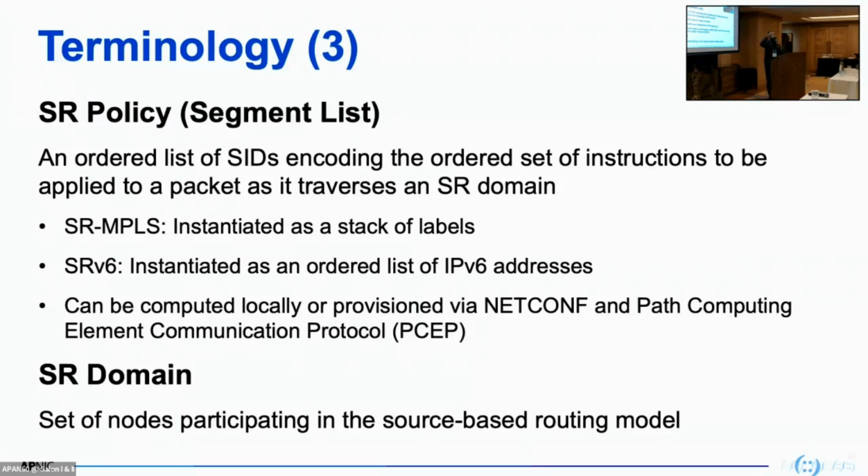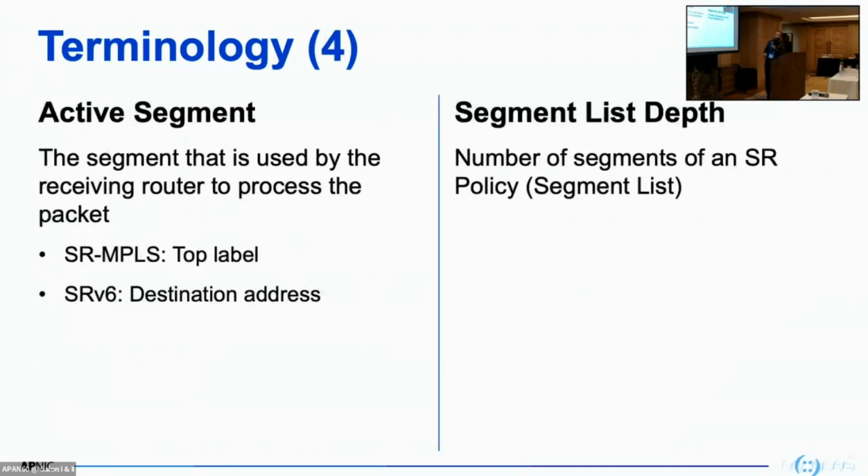What is an SR domain? Like an MPLS domain, where MPLS-speaking routers form a kind of domain, segment routing aware routers are the SR domain. The active segment is the instruction. Go there is the segment, for example. If I have 3 instructions: first you go there, then you go there, then you go there.